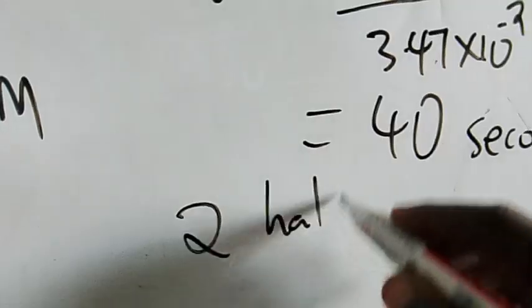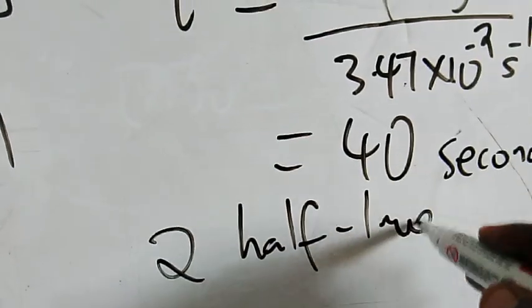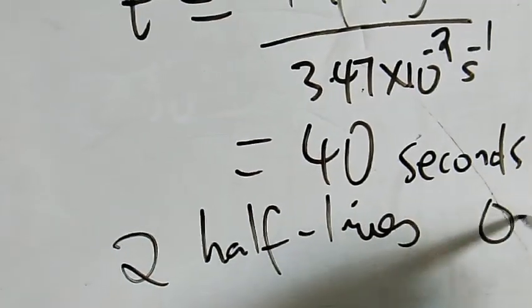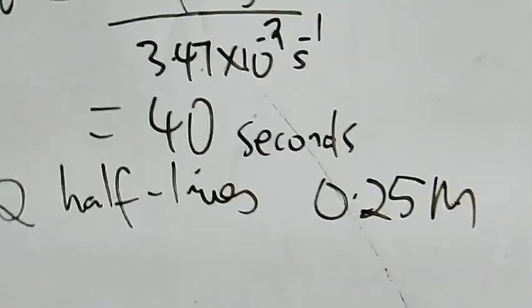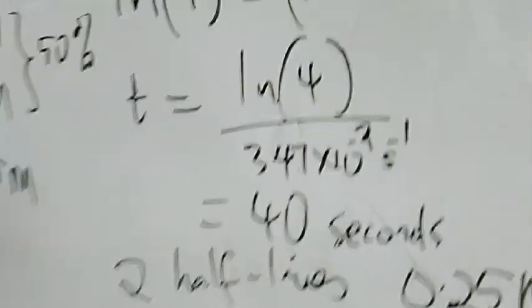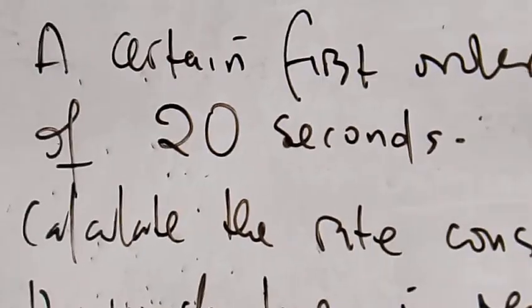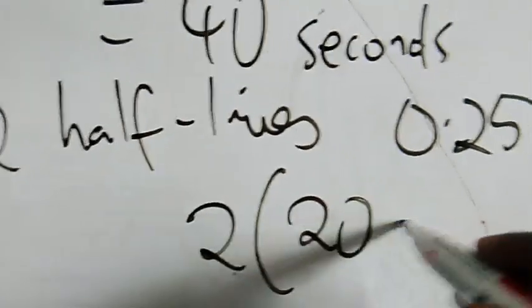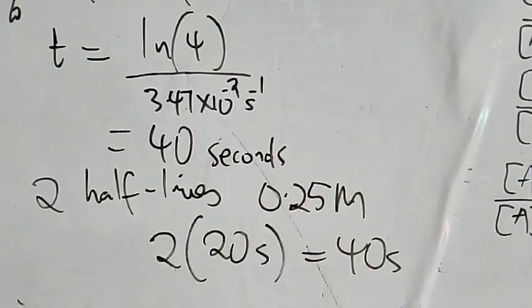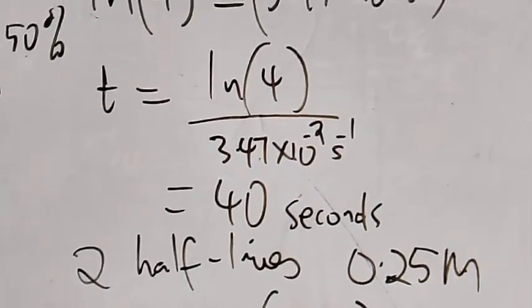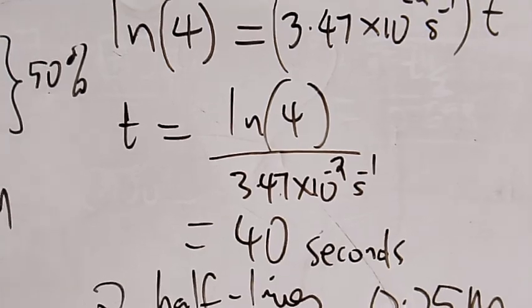So it requires two half-lives for this to remain. The half-life of the reaction is 20 seconds, so you just do 2 times 20 seconds, which gives us 40 seconds. That's another way we can determine it.